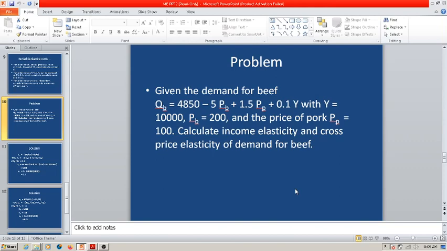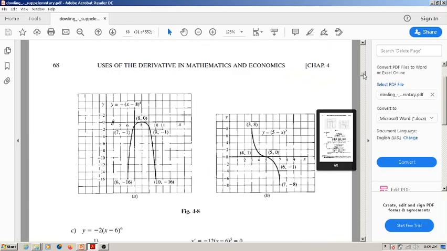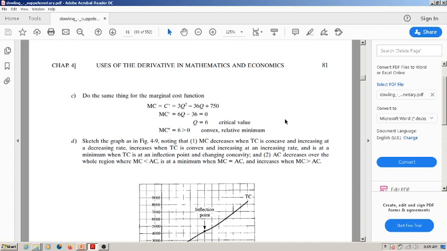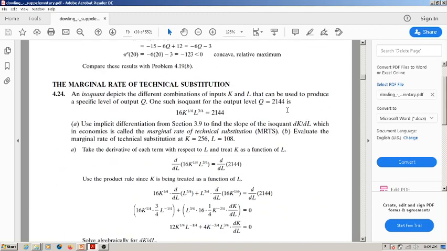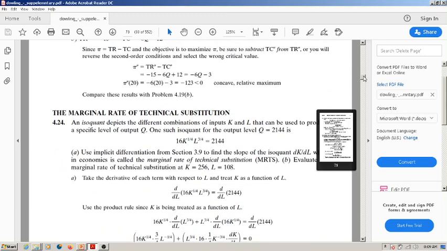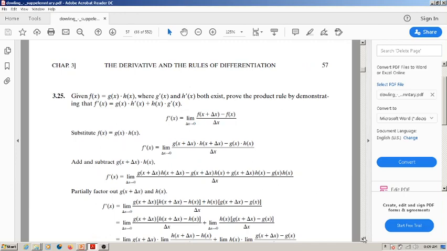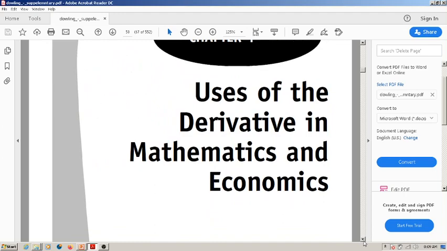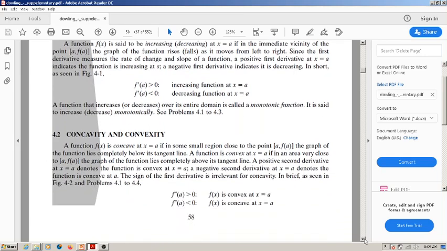Let us see how to work out a problem. Before going on to this problem, it is better you go through the partial derivative portion in the textbook.